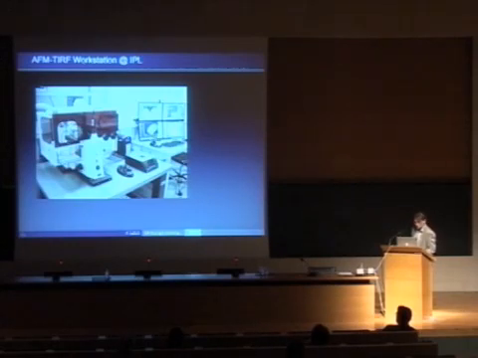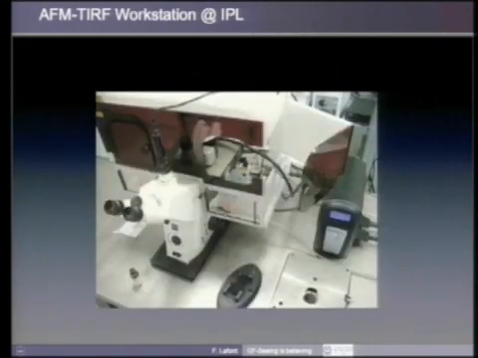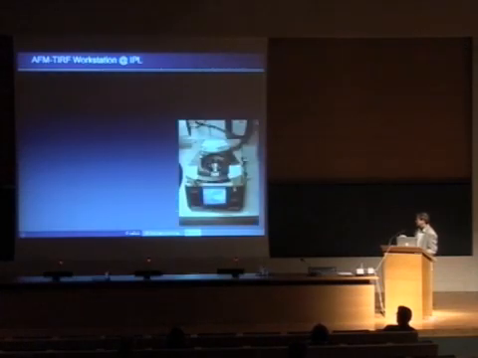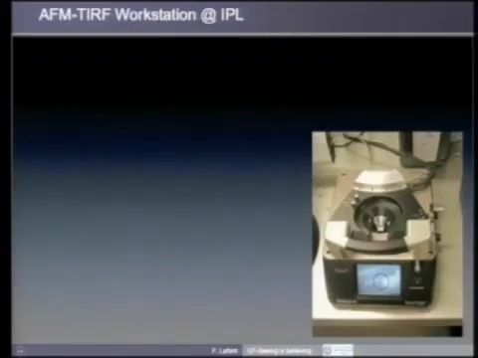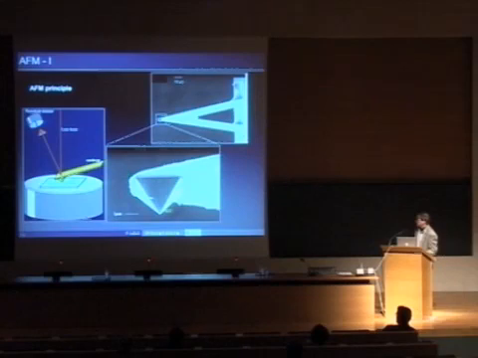And here, all the analysis about imaging, fluorescence imaging. Here you see the head of the atomic force microscope, and here the TIRF system. And this is the head system, and here you might see the cantilever, but here you will see it better. So this is the cantilever, and here is the tip of the cantilever.